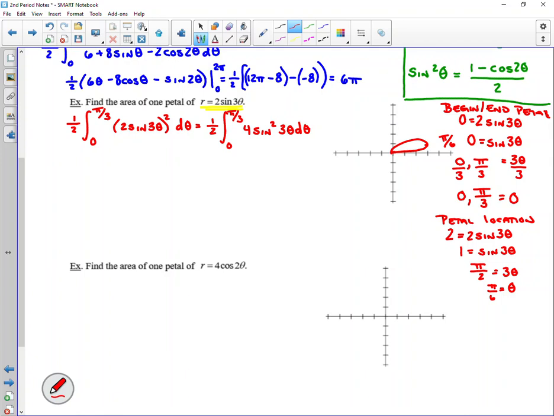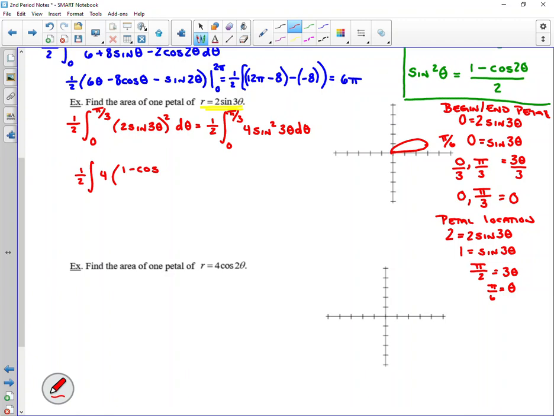Okay, I'm gonna pull this 4 out too. Make it easier. Nah, actually, I'll leave it in. Because I'm going to replace sine squared 3 theta with this identity in green over there.